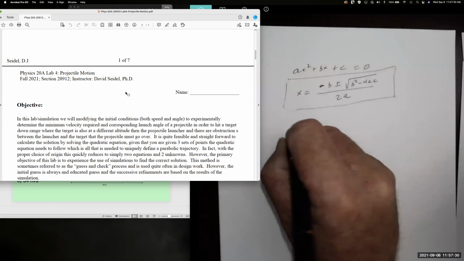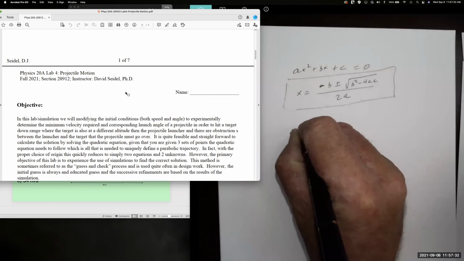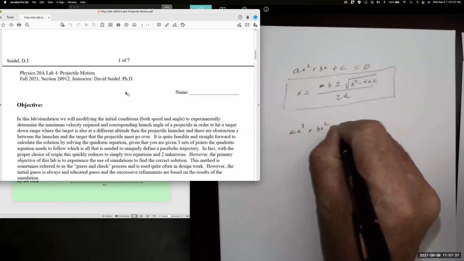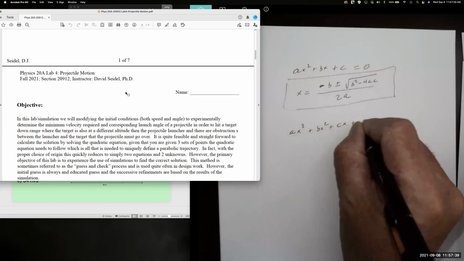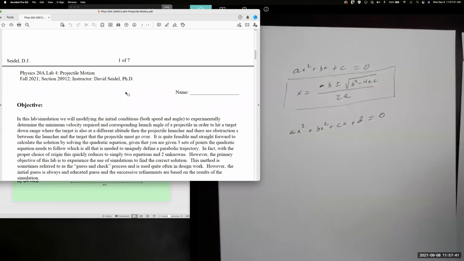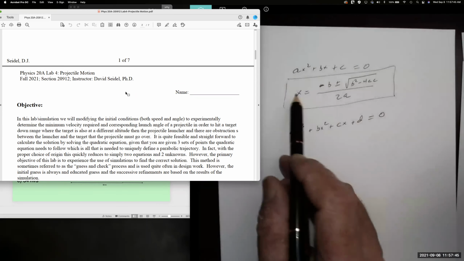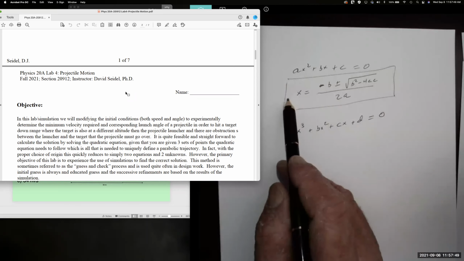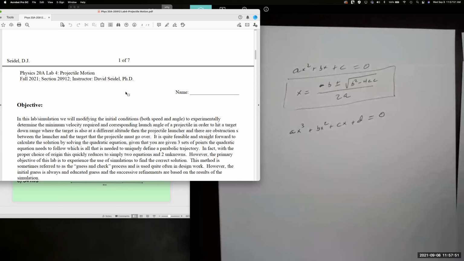Now, what if I had ax cubed plus bx squared plus cx plus d equal to 0? What would you do? Well, it turns out there's another formula that gives you 3 roots for x.